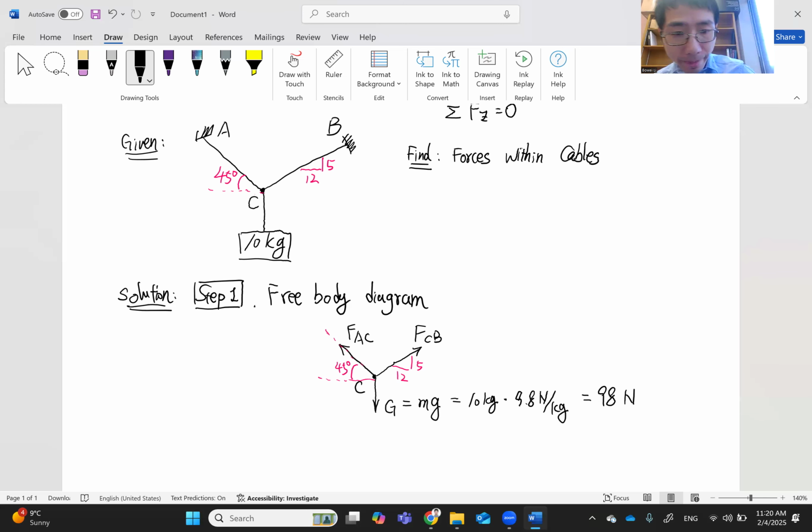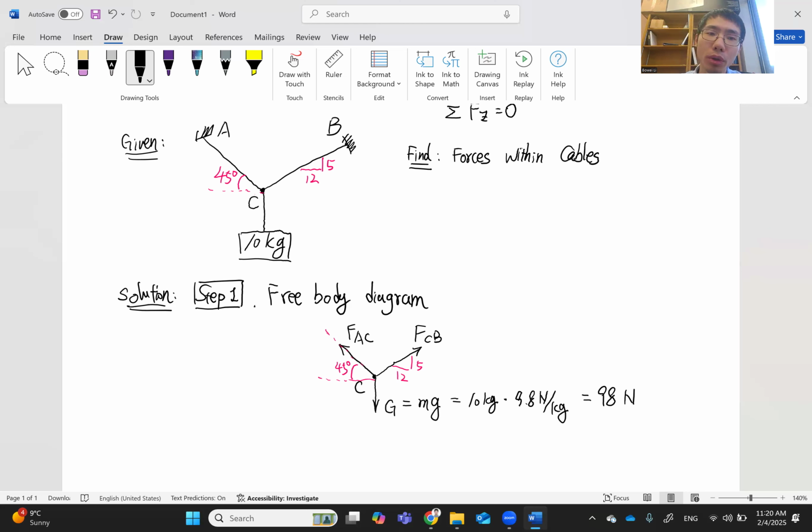Okay, so now we've already accomplished the first step, that is to draw the free body diagram of the problem here. So what is a free body diagram? Here is an example.